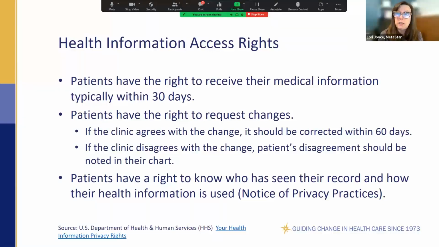Now, if the clinic agrees with this change, so something is wrong in the record, it should be corrected within 60 days.